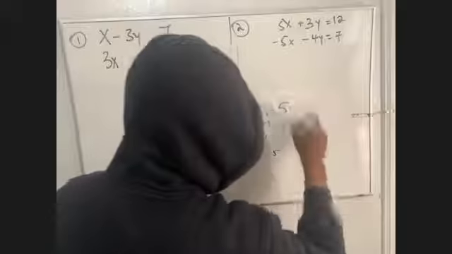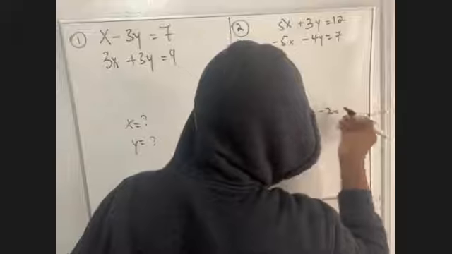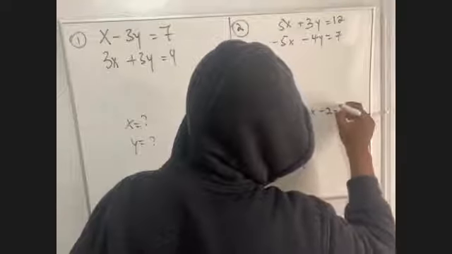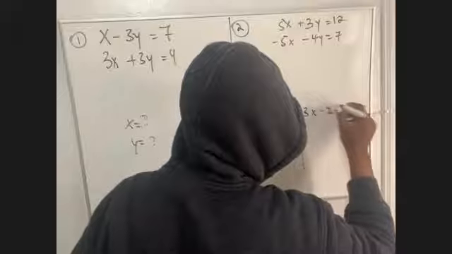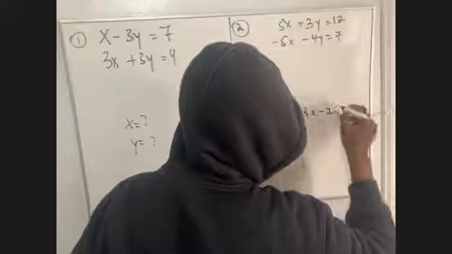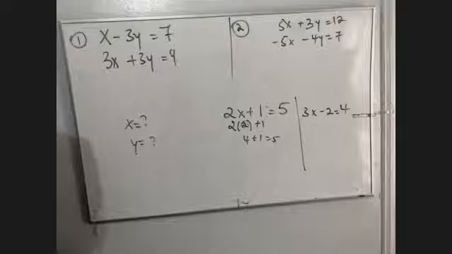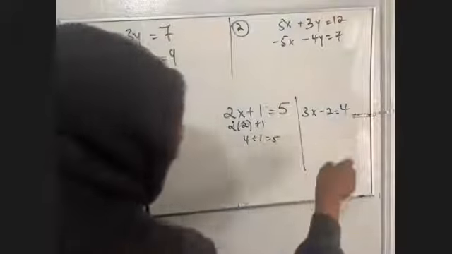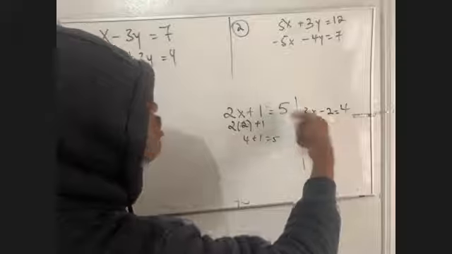What if we have 3x minus 2, let's say, is equal to 4. Now think of a number. I know you can solve this question by solving for x, right?